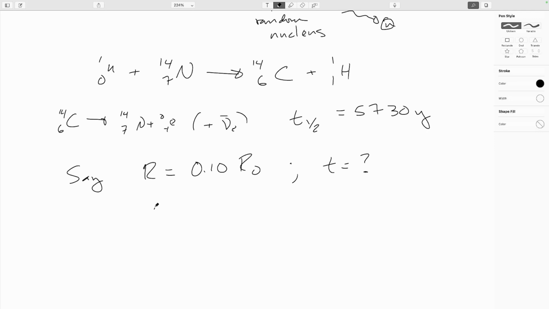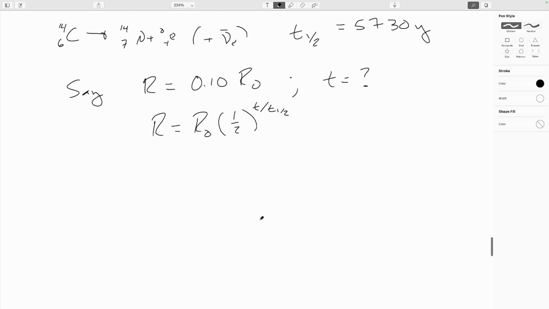So we can say that the current rate is the initial rate times 1/2 raised to t over the half-life. Rearranging, (1/2)^(t/t1/2) equals R over R naught.